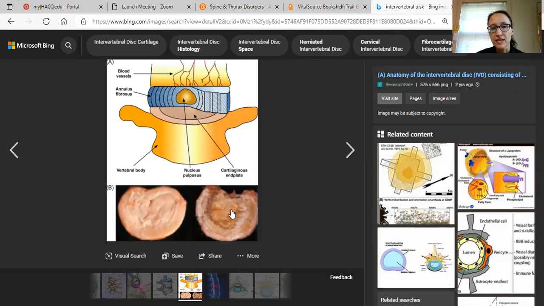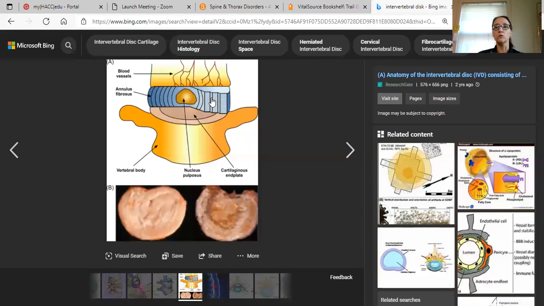And this nucleus pulposus is supposed to be encased within the annulus. Now, this is like a jelly donut or like a water balloon or whatever kind of analogy you want to use. You can visualize the concept that this is used as a shock absorber, okay?